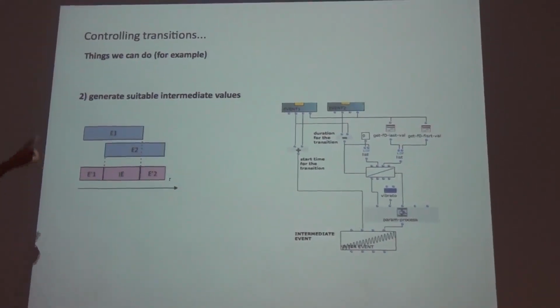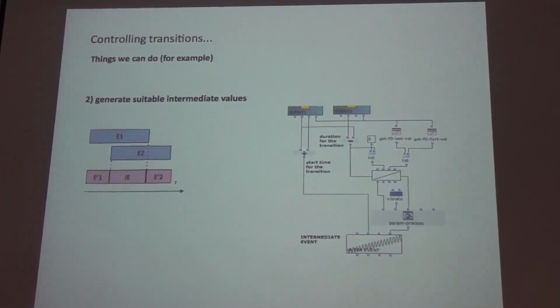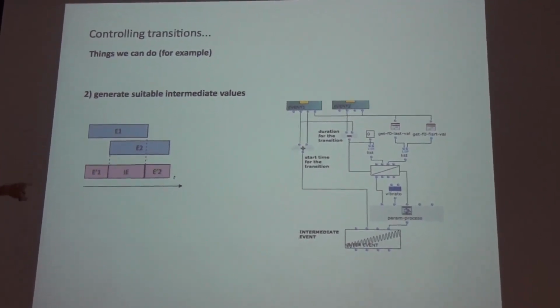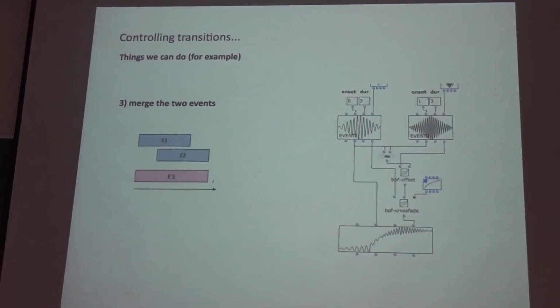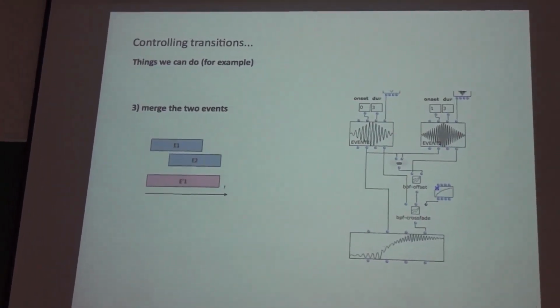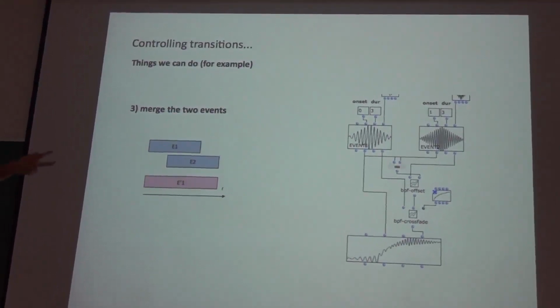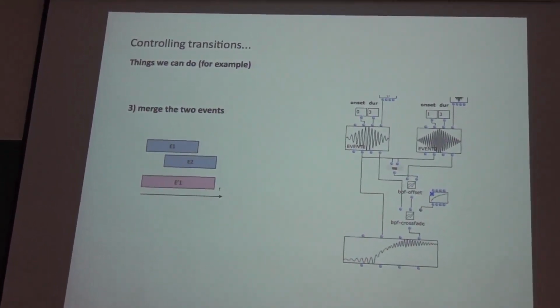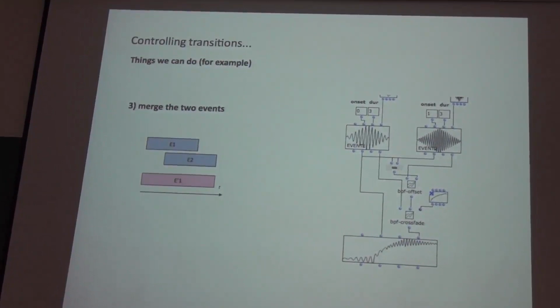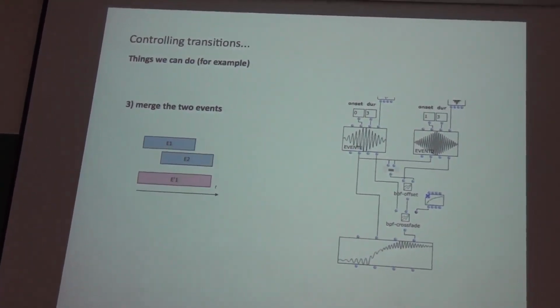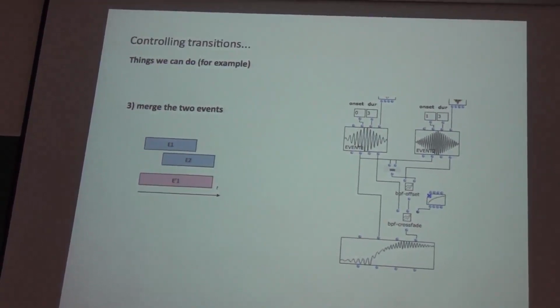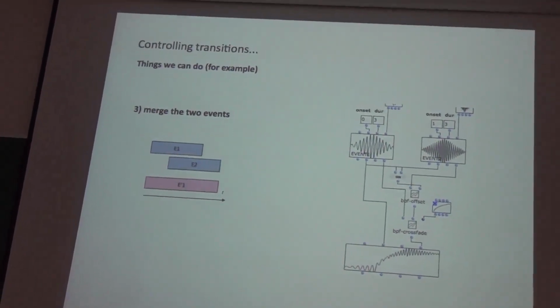So I have 2 events at the beginning, and my result is 2 other events plus an intermediate event. Another strategy could be to take 2 events and generate one, which is a kind of merge of the 2 first events. That can be done also in OpenMusic with functions that we have for cross-fading curves or other processes that can be programmed.